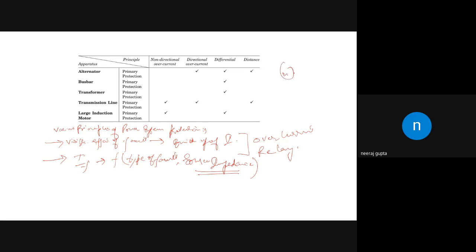We have the generating unit and the source impedance of that. So if the generating units are more, in that case the source impedance would be less. It depends upon the number of generating units in service at a given time, and it keeps on changing from time to time. Let us suppose that we are not generating from a particular source, then it will not be there. So the type of fault and the source impedance keep on changing from time to time.